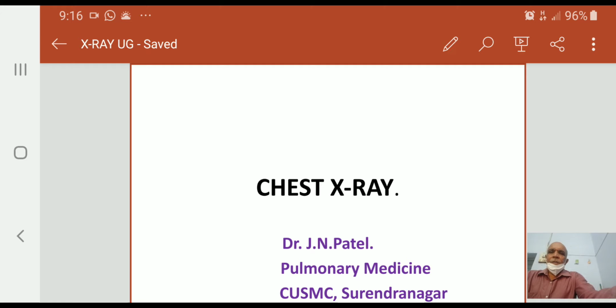A chest X-ray is advised along with other investigations. So knowledge of the chest X-ray is more important during practice.